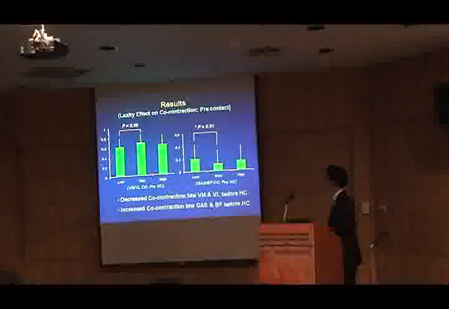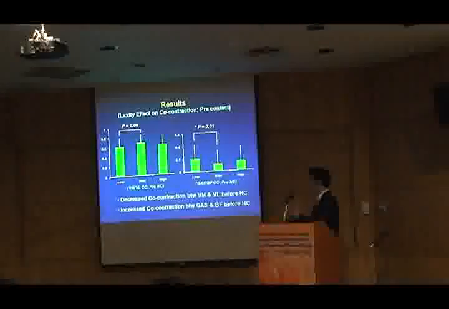Also co-contraction patterns. The quadriceps and hamstring co-contraction shows decreased co-contraction patterns, but increased co-contraction patterns in the more antagonistic muscles, gastrocnemius and biceps femoris, when the ligament is tight.